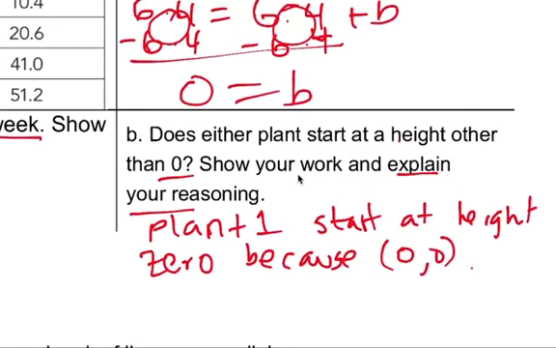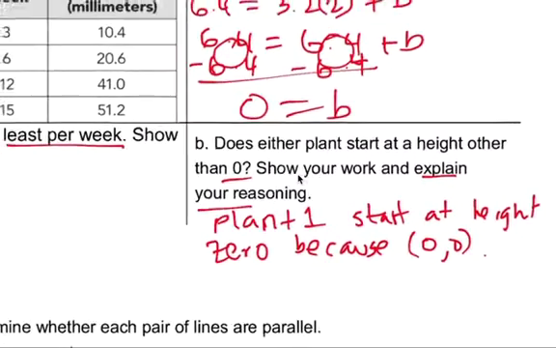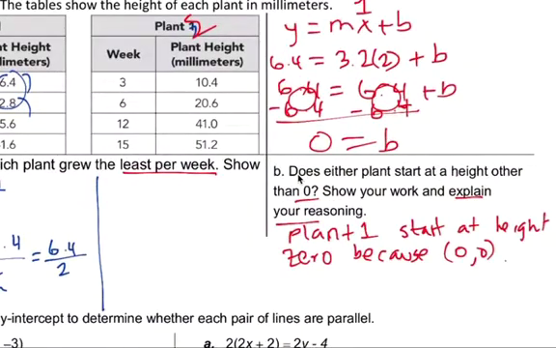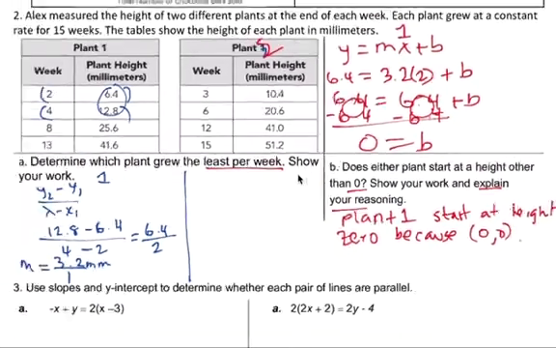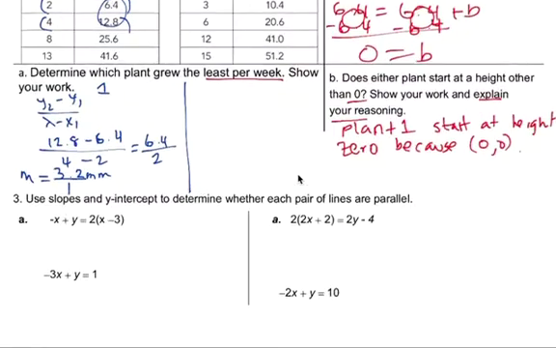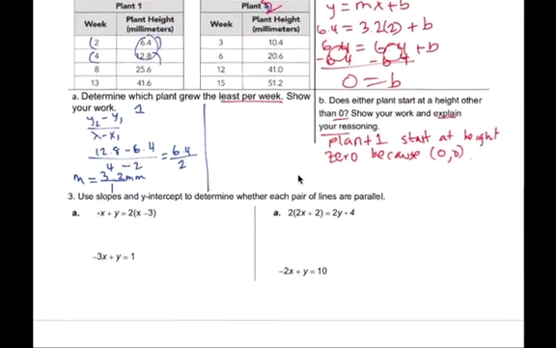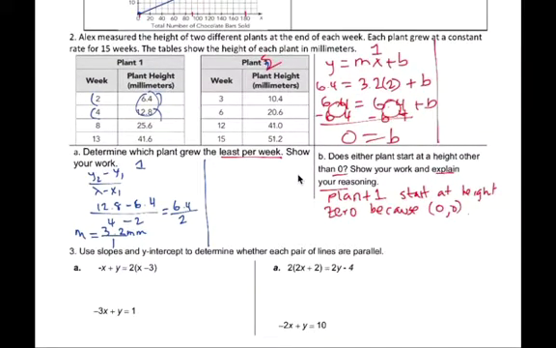Period. I don't explain it fancy like the book. That'd be fine. You do that on a test, perfect. And find if this other one starts at 0, 0. 0 something means it does not start at 0, okay? I'll let you do number 2. Show the work up here.